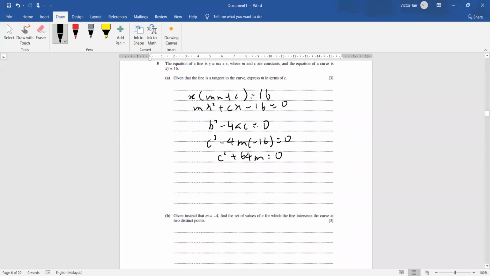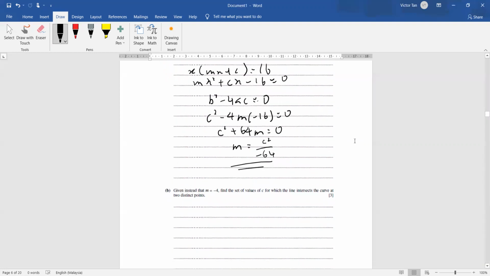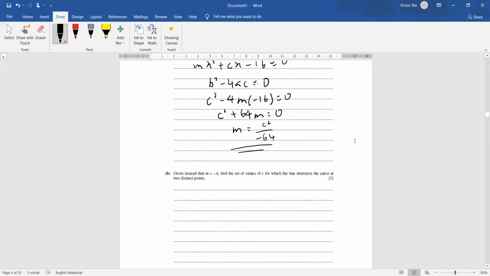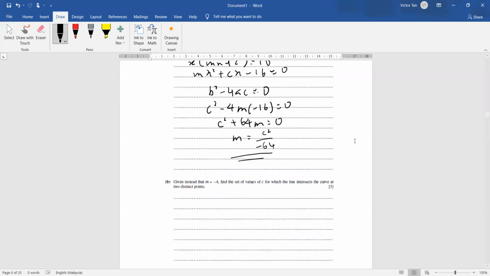You want m in terms of c. So by rearranging, m equals c squared over minus 64. That's it. Given that m is minus 4, find the set of values of c for which the line intersects the curve at 2 distinct points.